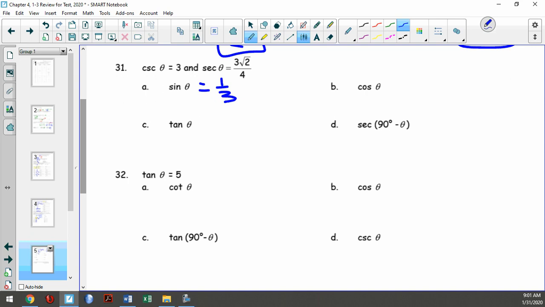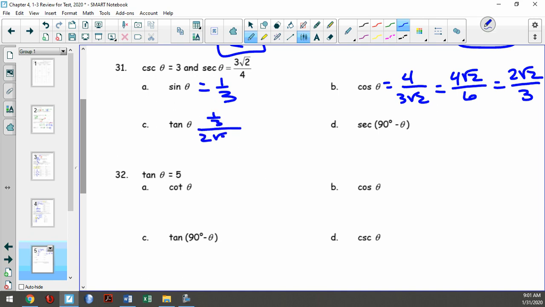Cosine is going to be 4/3 square roots of 2, which means that's 4 square roots of 2 over 6, which is going to be 2 square roots of 2 over 3. Yes? Tangent, sine over cosine. So that's 1/3 over 2 square roots of 2 over 3. Bam, bam, those cancel out. So that's 1 over 2 square roots of 2, square roots of 2 over 4. Yes?